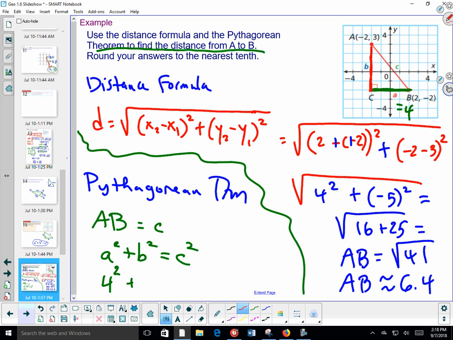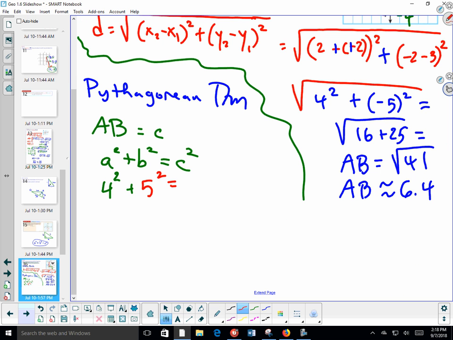You count your way. 5 squared. And so that is supposed to be equal to C squared, true? So I can just do 16 plus 25 is equal to C squared. Right? And that means 41 is equal to the hypotenuse squared. So to solve for C, I need to do what to both sides?